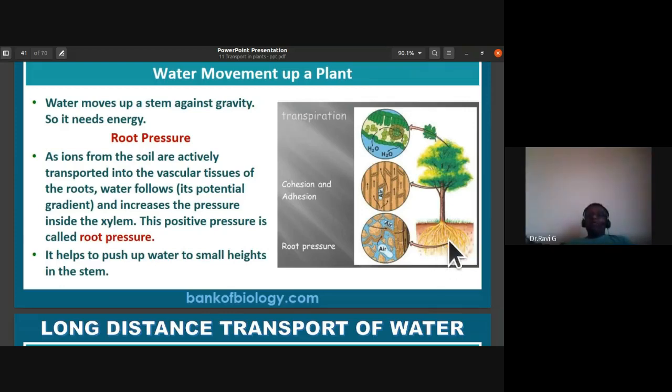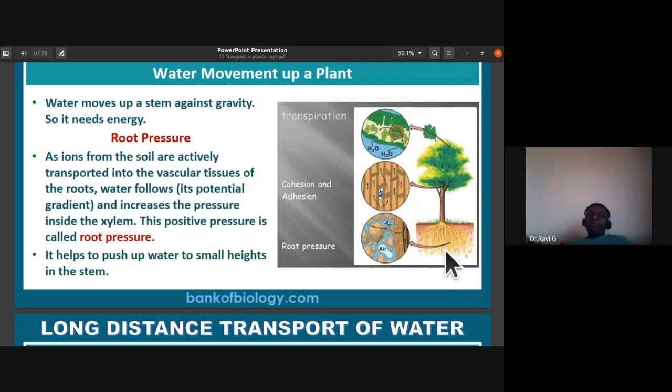Along with the ions, the water increases the pressure inside the xylem. This positive pressure is called root pressure. It is created by the entry of ions and water flowing through the water potential gradient.